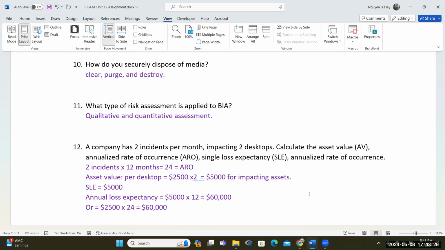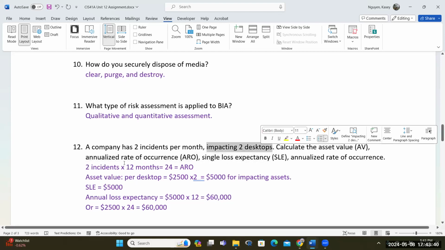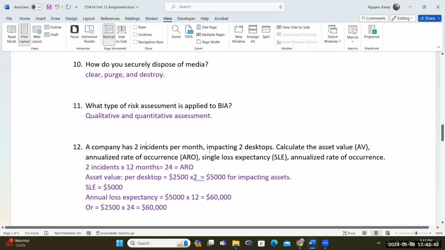So earlier, we're saying that we would have 2 incidents impacting 2 desktops, right? So 2 incidents impacting 2 desktops per month.